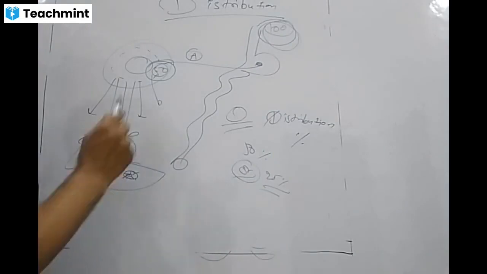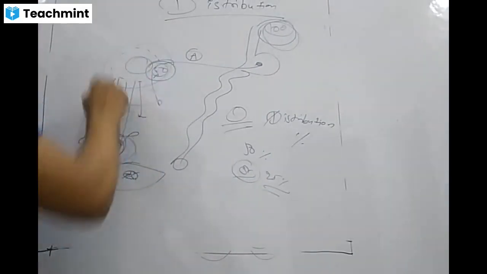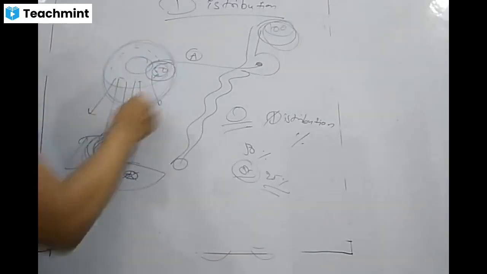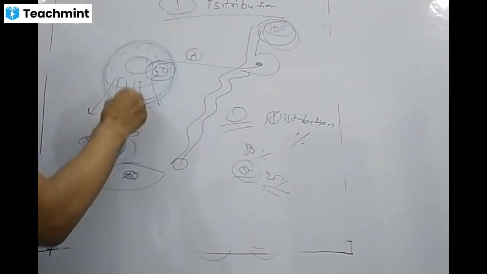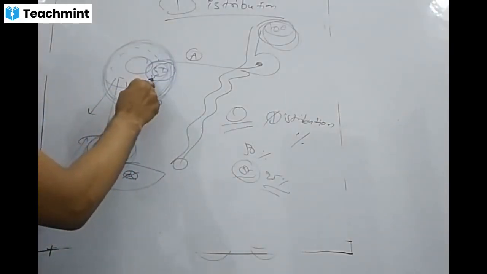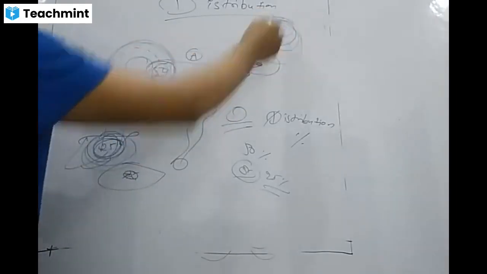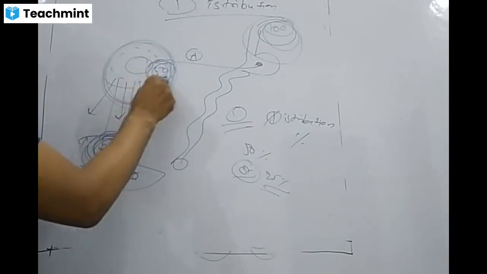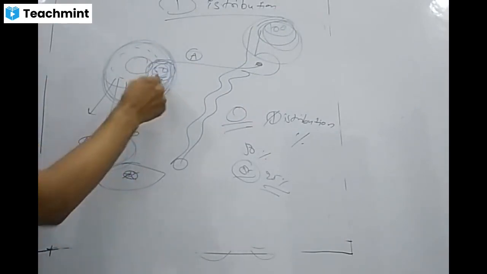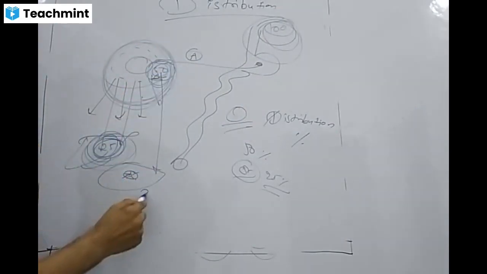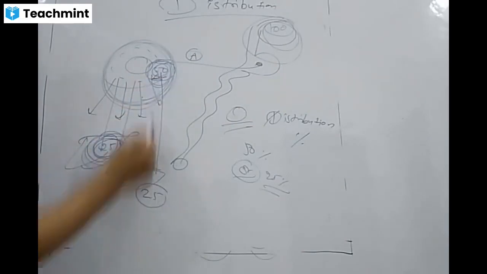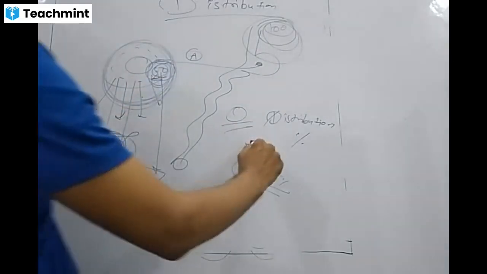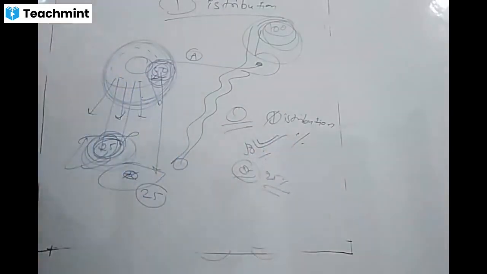See, distribution means drug will start its journey from blood, not from this point. So we start the distribution from 50, and from 50 we are distributing 25. The answer will be 50%.